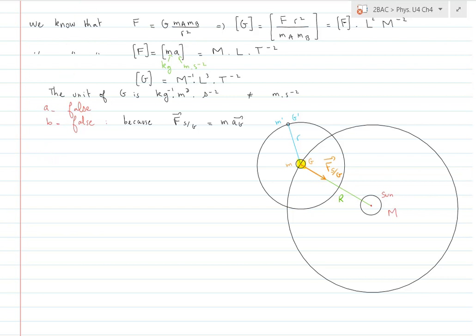So C is also false. Why? Because the vector A is continuously changing.